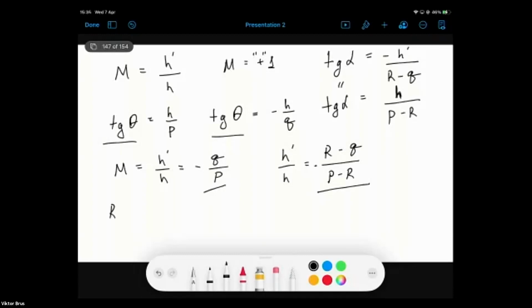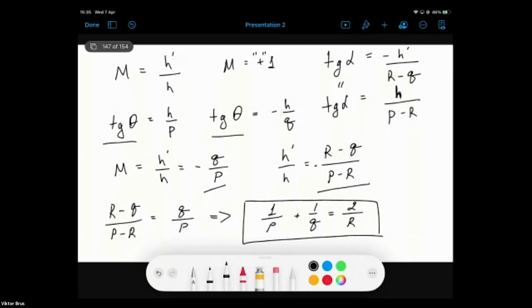So it will be R minus Q divided by P minus R, and this is equal to Q divided by P. So from here we get one of the forms of the mirror equation, where we have 1 over P plus 1 over Q is equal to 2 divided by R. So this is the mirror equation.